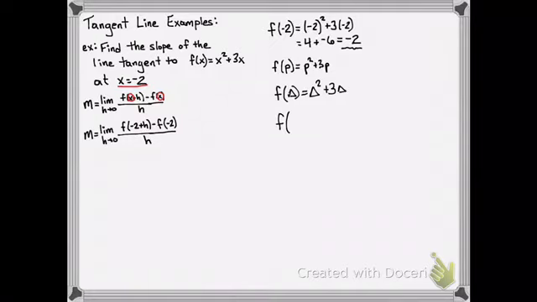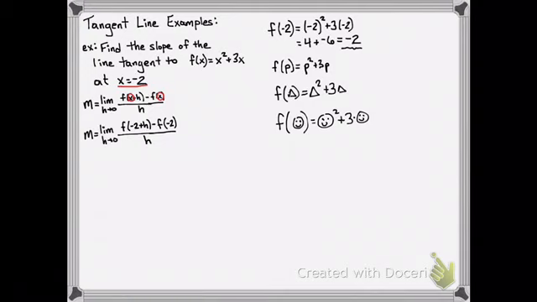If I want to do f of smiley face, I can easily do f of smiley face. It's simply going to be smiley face squared plus 3 times smiley face. That's it. It doesn't have any mathematical meaning, but we can still do this, right?